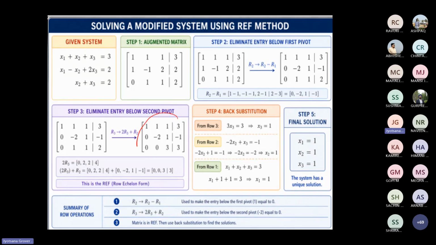Now you have to convert it into equations. Write it in the form AX equal to B, that means multiply this A with the X column. So what you get is x1 plus x2 plus x3 is 3.